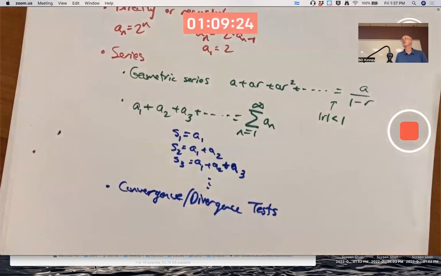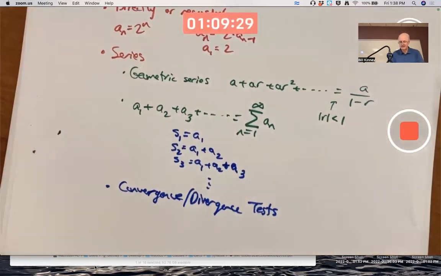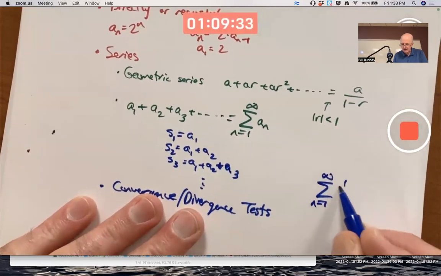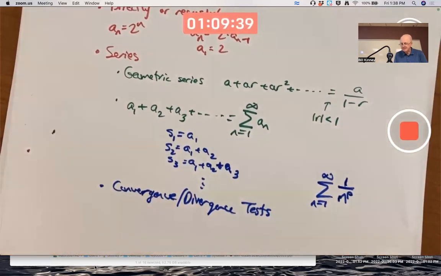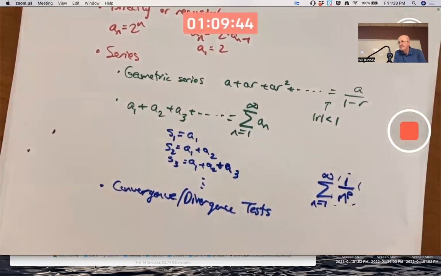You should think about the divergence test. On the other hand, the more interesting situation is when the a_n's do go to 0, like the harmonic series or p-series in general. That's a p-series. And when p is positive, these terms do go to 0. But that doesn't mean the series converges.